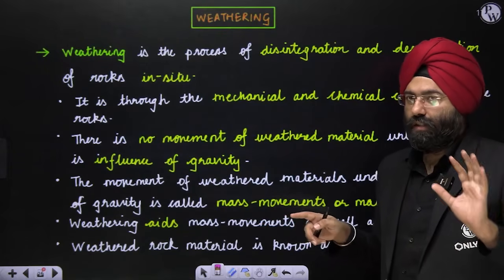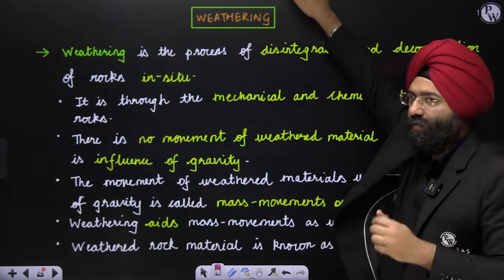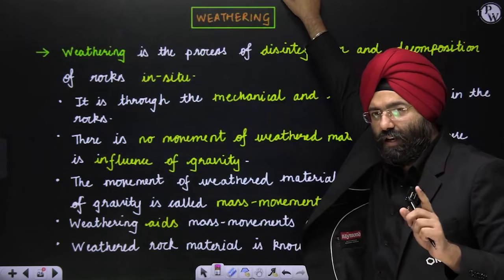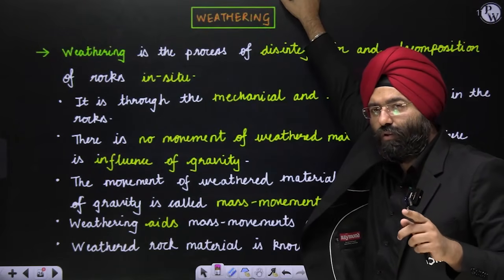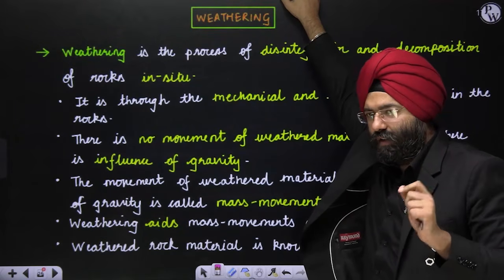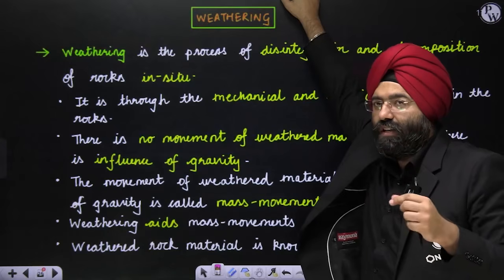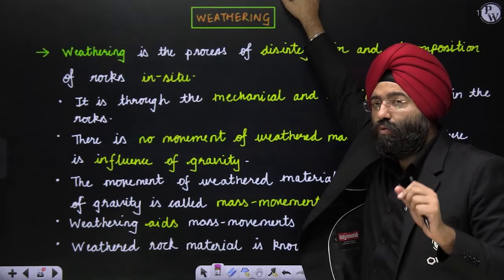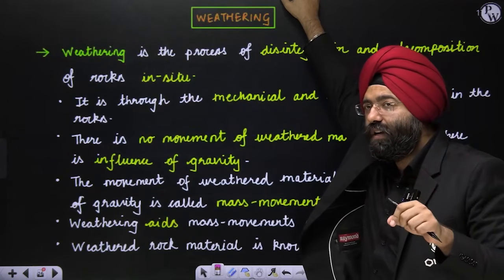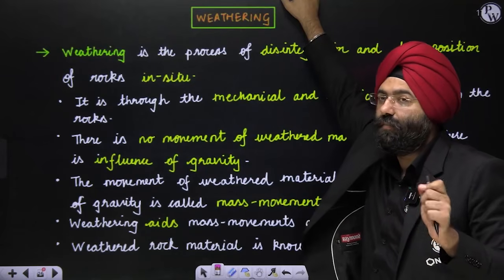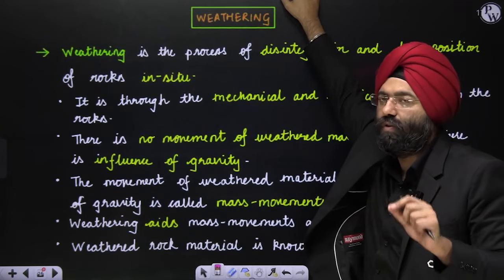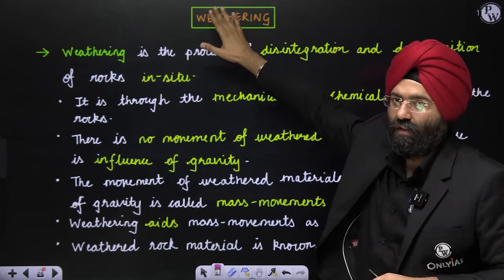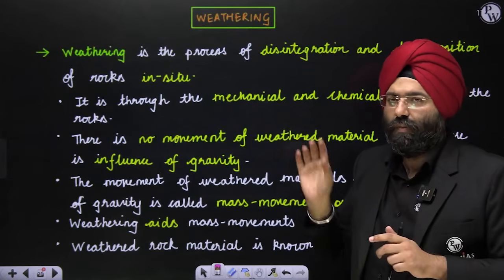Can you understand this? Under the weathering concept, you can include the concept of movement under gravity. So mass movement is in a way part of it, where you are talking about the movement of the weathered material if taking place under gravity, which would be mass movement or mass wasting, already a part of weathering. So this is very, very important. We will be doing mass wasting and weathering.